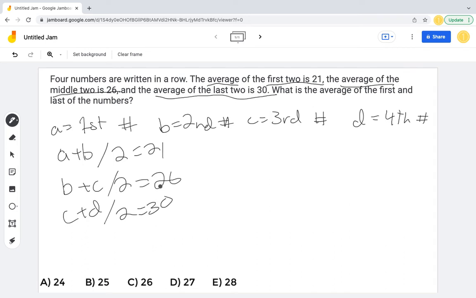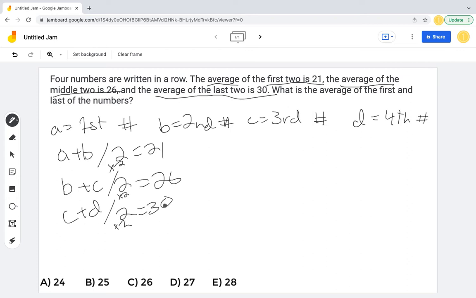So now that we have that, we're going to need to substitute the first and last numbers into these equations. To do that, we're going to need to replace B and C by A and D. We can do that simply by first multiplying these, so you don't want this divide by 2 here. You need to multiply all of these by 2.